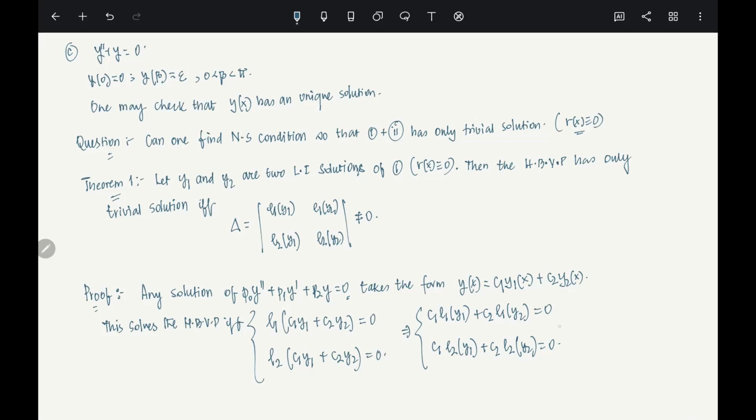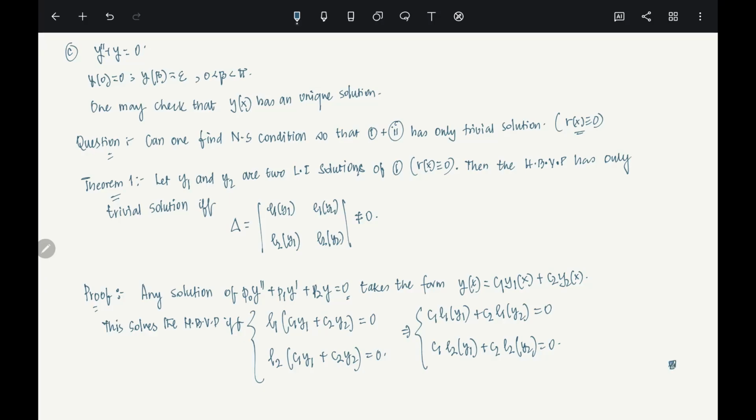So when does this system have solutions? When is that solution only the trivial solution? It can have many solutions. When is it only the trivial solution? When do you think it happens? If the determinant is non-zero, right? So that's the condition. So hence proved.